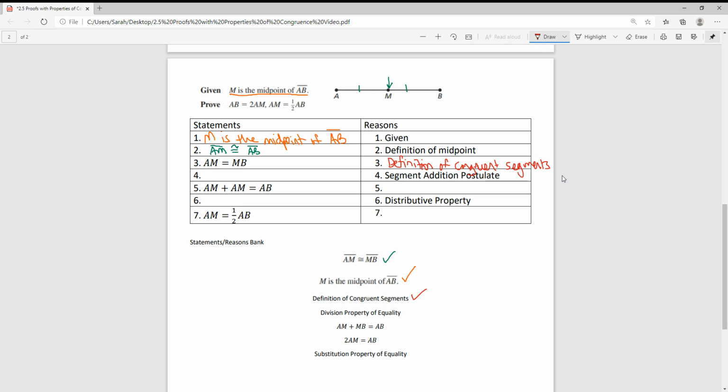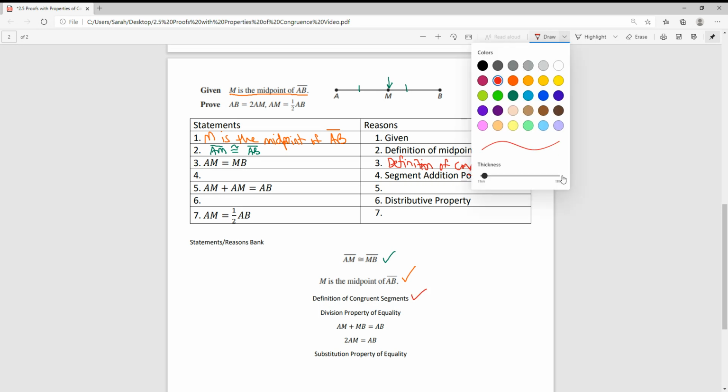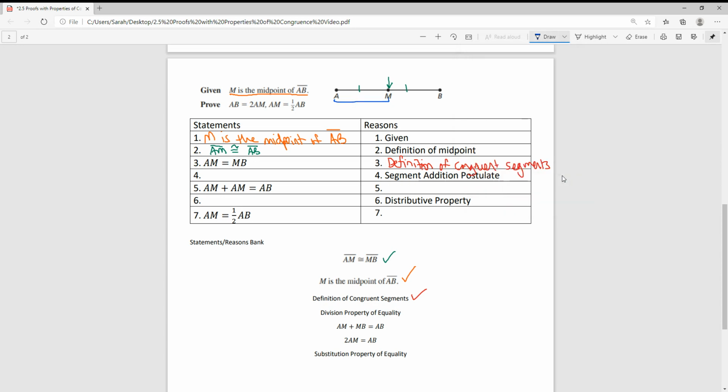Done. Okay. Now the next one is talking about the segment addition postulate. The segment addition postulate says that this piece plus this piece equals the whole thing. And so how do we write that as an equation? We say that AM plus MB equals AB. Now to get to our next step, it looks a little different.